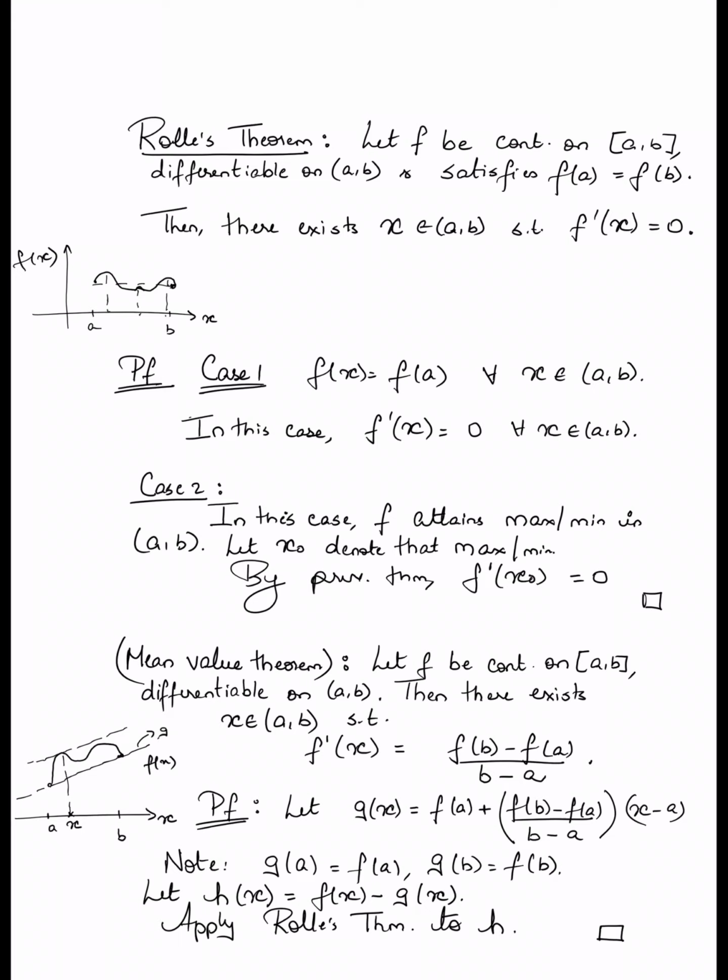Okay, so those are the main results for this lecture. What we will do next is basically study a few corollaries that follow, in fact, from the mean value theorem. Okay, so for this corollary again, suppose that f is differentiable on the open interval (a, b).